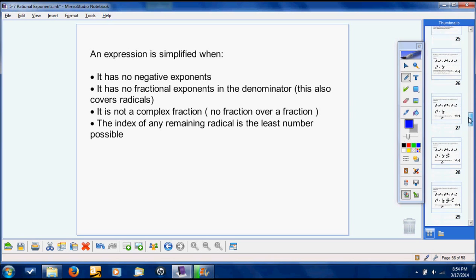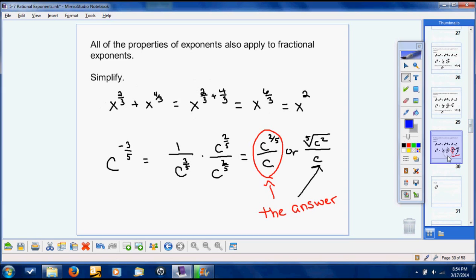This one with the C that we took a look at. We had to take quite a road to get that one taken care of. This one that you started out with had a problem. Its problem was that it had a fraction in the exponent. But we kept going until there's no fraction in the exponent. The index is the smallest possible number.